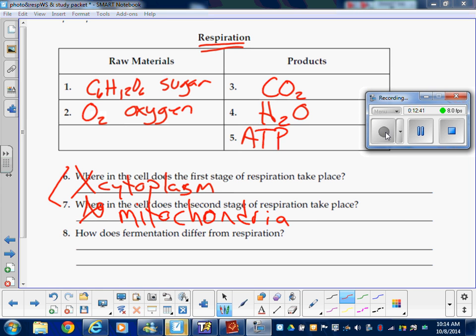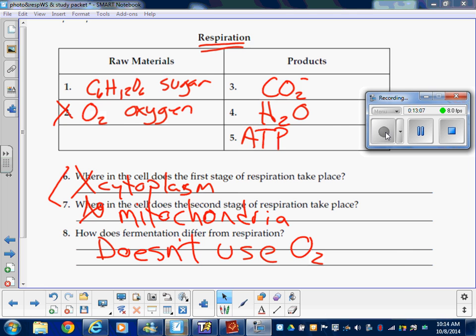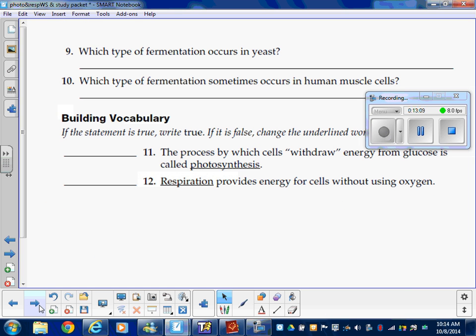Now, fermentation. How is fermentation different than respiration? It doesn't use oxygen, or uses a lot less oxygen. And so when your cells, or any cells, don't have enough oxygen, they do this other process called fermentation. So if you're not putting in the oxygen here, you can't have all this oxygen in the products. So the products are different.